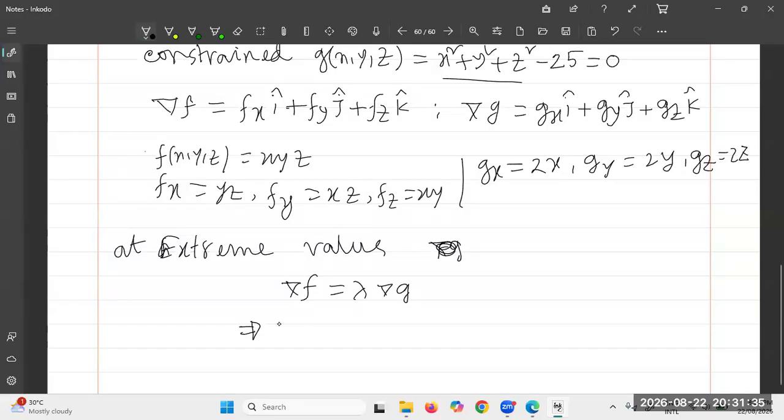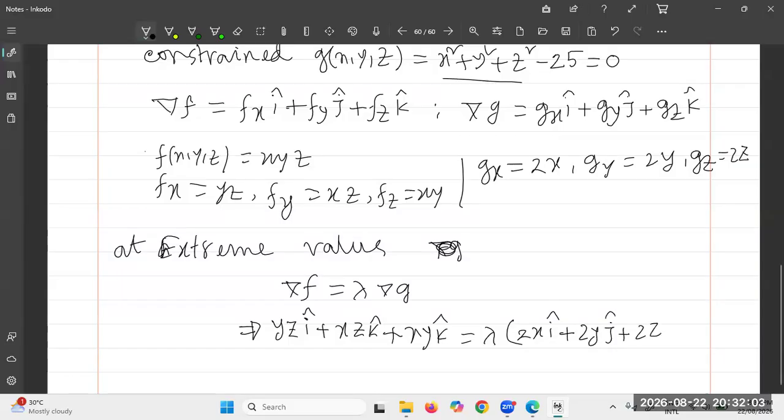So gradient of f is yz i vector plus xz j vector plus xy k vector, is equal to lambda times gradient of g, twice x i vector plus twice y j vector plus twice z k vector.